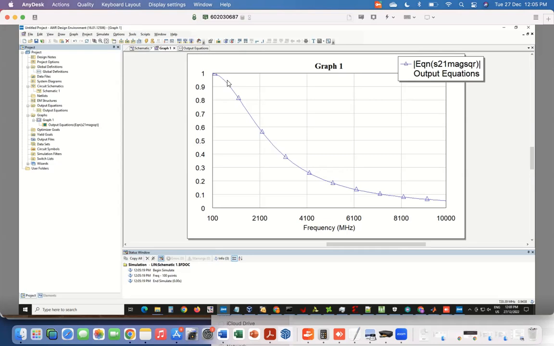It's not the same frequency as what your LC would be, because here the cutoff frequency is at 1.